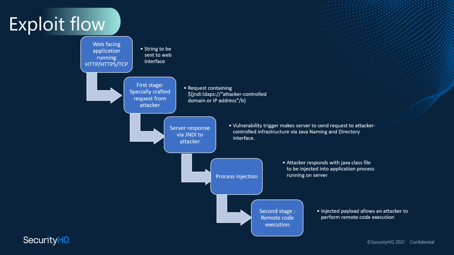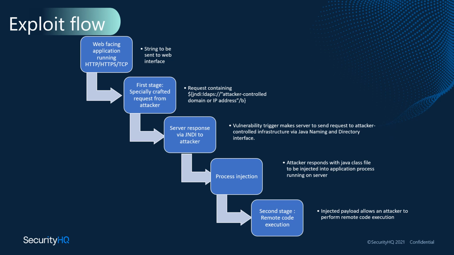Exploit flow. To start this exploit, the attacker should have a web interface. So if you are running a web facing application which runs on HTTP, HTTPS or any TCP protocol, the attacker can send a string to the web server. The first stage of this attack involves the attacker sending a specially crafted web request.